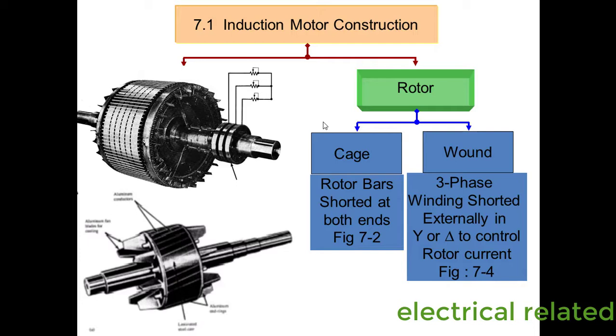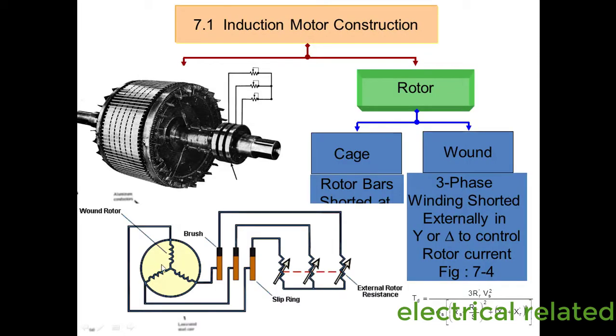In a squirrel cage rotor, the rotor bars are shorted at both ends. If we talk about the wound rotor, the three-phase winding in a wound rotor is connected in a Y or delta connection.